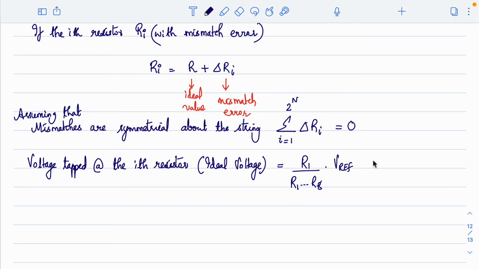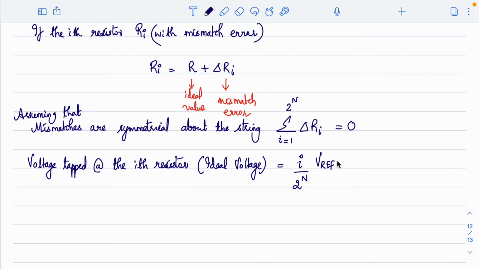Correct, no? So now when I generalize this, I can write it as I divided by 2 to the power of n into Vref, where the value of I will change from 1, 2, 3 up to 2 to the power of n.